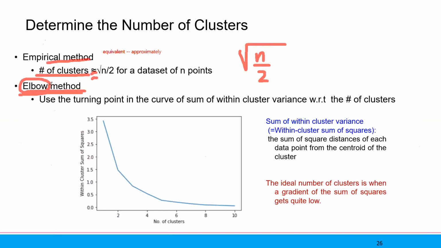It's elbow. If you look at our arm, this one shows the high degree of decrement. Then we will check the turning point of the curve. If the curve is like this one, then this might be the good cluster.